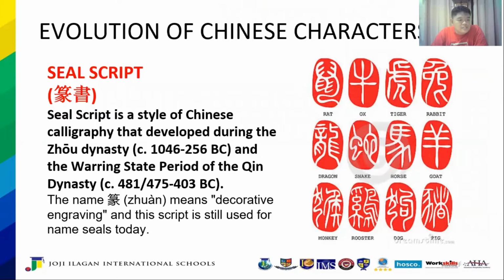Next is the seal script or Chuanshu. This is the next development of Chinese characters, dating from the Zhou dynasty to the Warring States period. This kind of script is used for engraving and is still used today as an alternative to signatures.